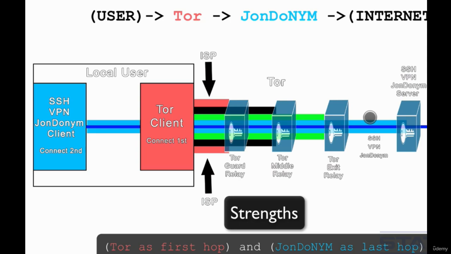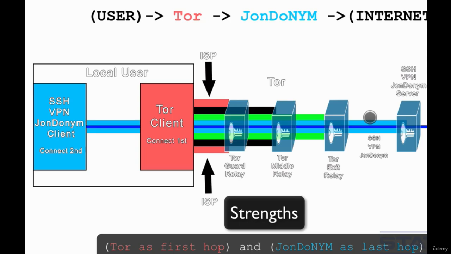Now let's talk about Tor as first hop and SSH, VPN, JonDonym as last hop. But in this system, Tor is blocked from its destination by the SSH, VPN, JonDonym server.